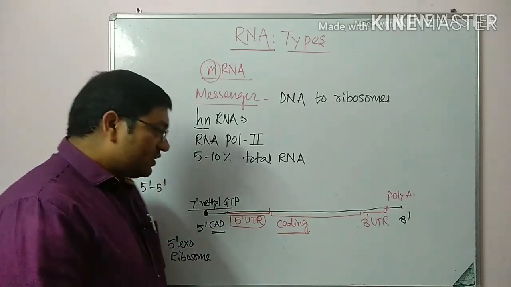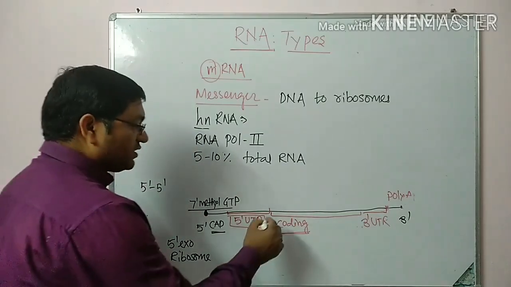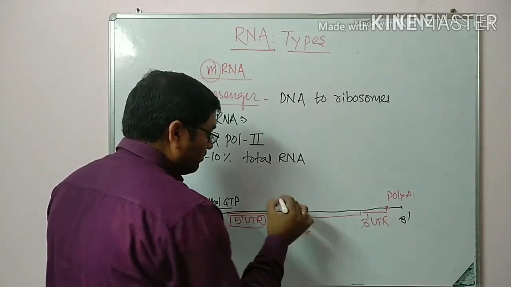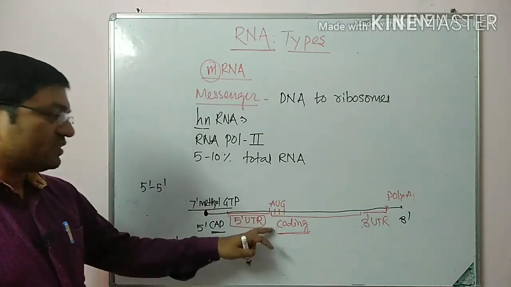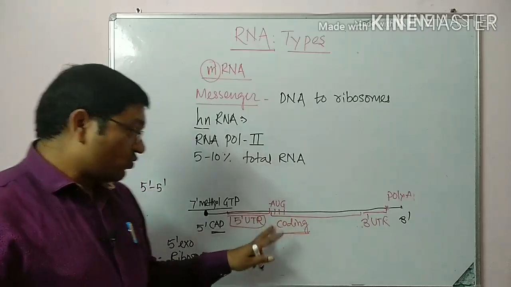Then this coding region is divided into 3 parts. First one is the initiation codon, that is AUG. The triplet nucleotide sequence which is present on mRNA is known as a codon.